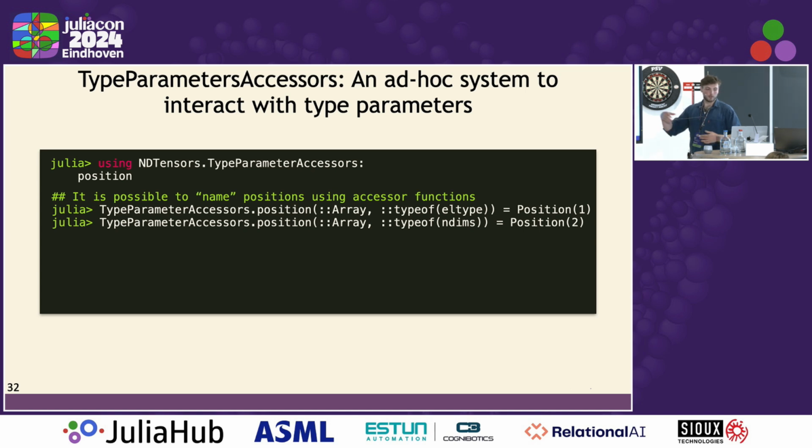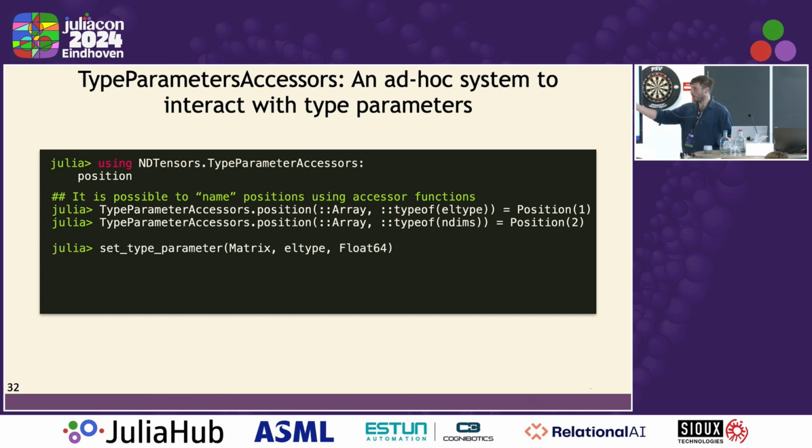So now we can register it with our type parameter system, and say that when I tell you to set the type parameter of L type, that's position 1 for array, and that's position n for something else. And then the second one is ndims. So then we can also say set the ndims of a transpose, and that won't do anything, because we're not going to register that, and we'll throw an error.